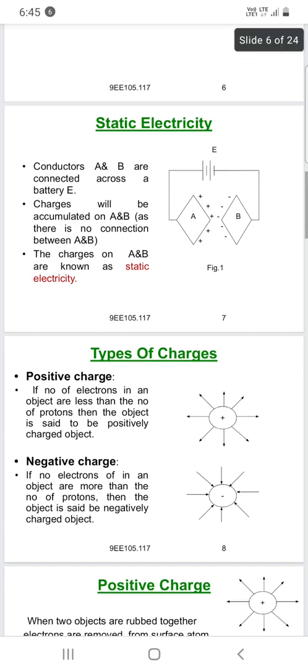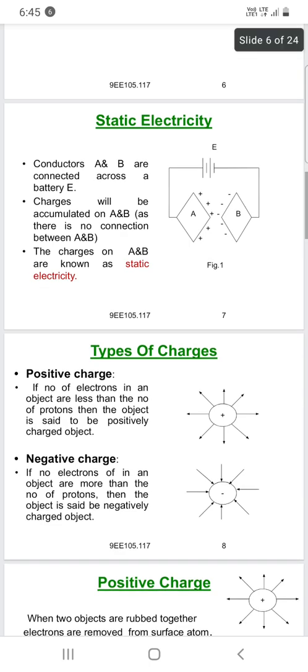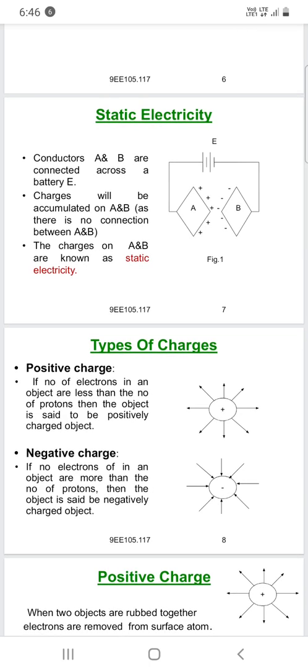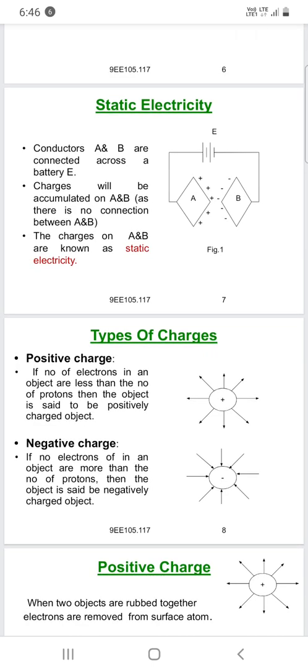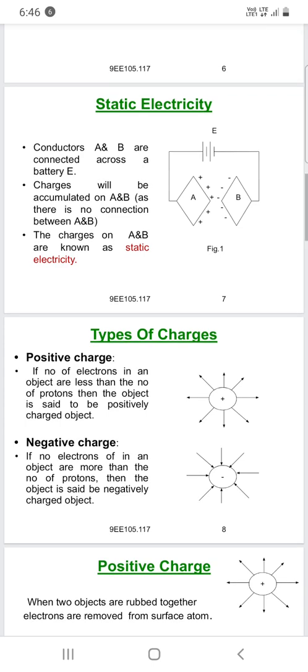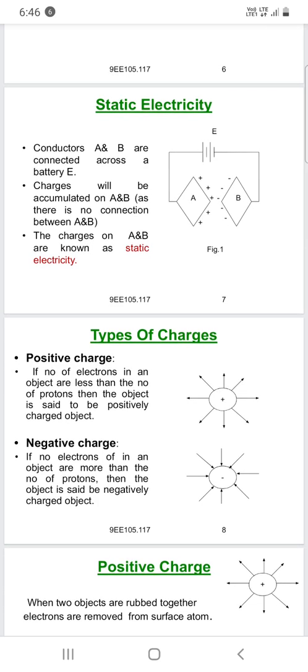What does this figure indicate? There are two conductors, A and B, connected across a battery.